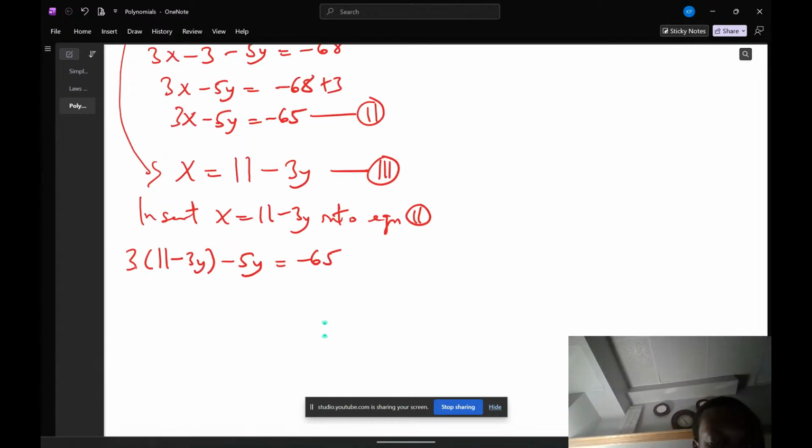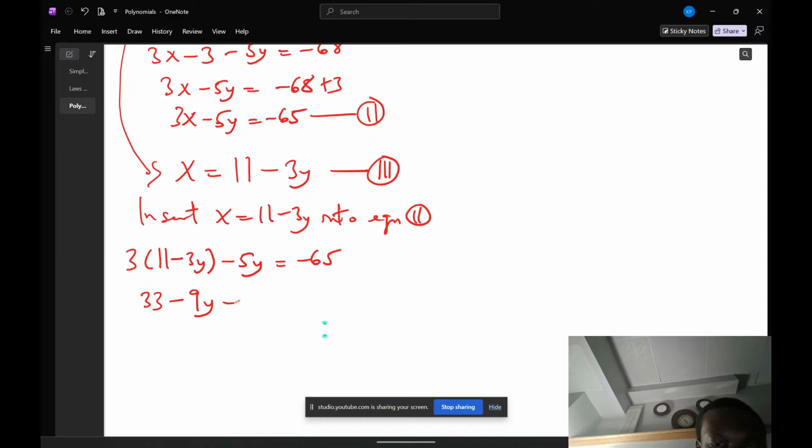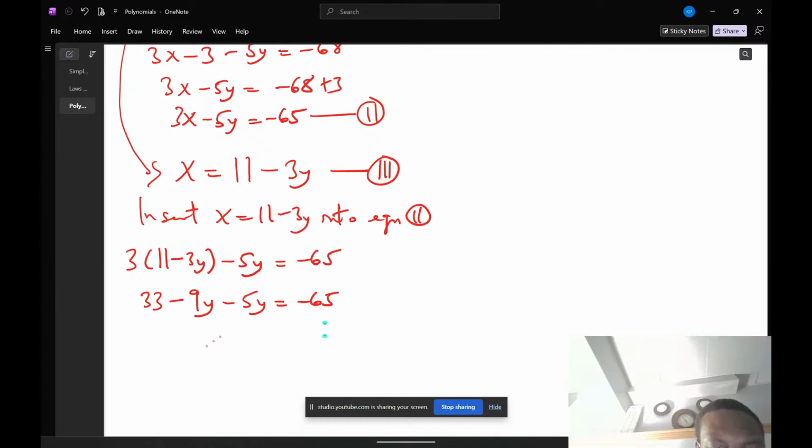So 3 times 11 is 33. 3 times minus 3 is minus 9y. Minus 5y is equal to minus 65. So minus 9y minus 5y is equal to minus 14y is equal to minus 65 minus 33.